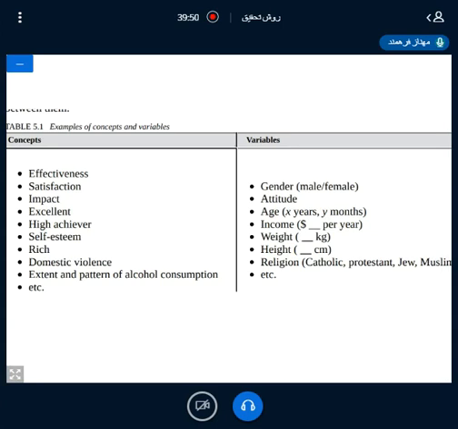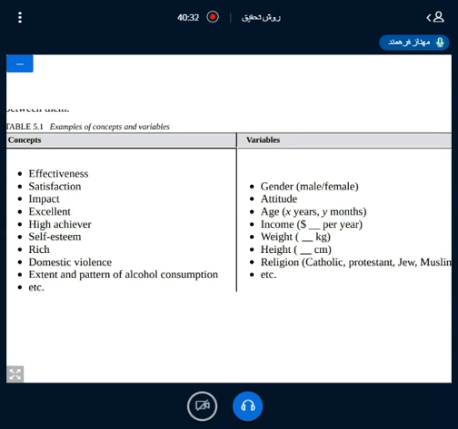In the left column, in concepts we have effectiveness, excellence, high achiever, self-esteem, rich, domestic violence, extent pattern of alcohol consumption, for example, and so on.